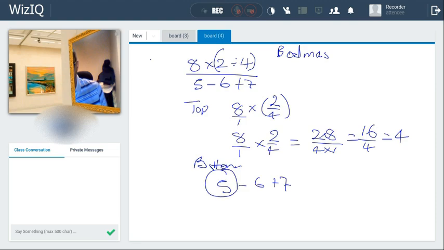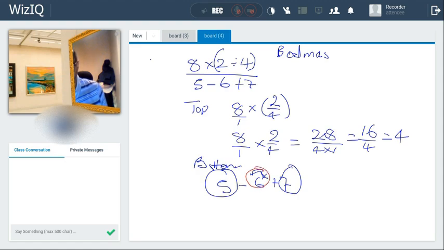So this number and this number, they are positive. Therefore, these are the numbers we need to add, not this number. This number is subtracting. So you have to add 7 to minus 6.